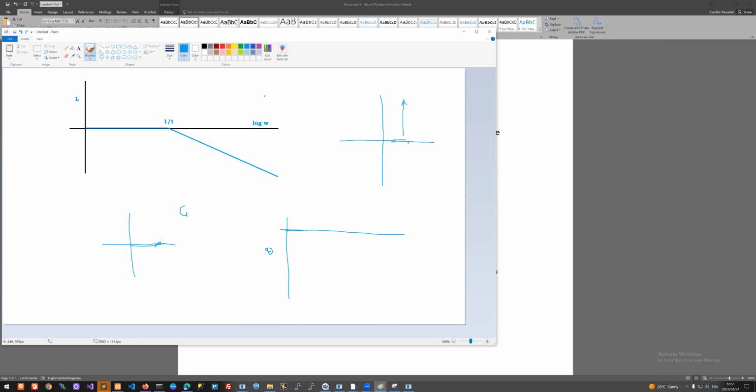Then as omega increases, this point is moving upwards. The imaginary part is increasing and the real part is, well, both are decreasing, but the imaginary part is increasing faster. So it's becoming more and more a point that's moving up here. It's becoming a pure imaginary number. So if we imagine a point here, the angle is 90 degrees.